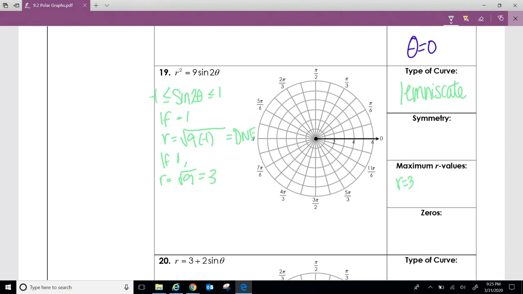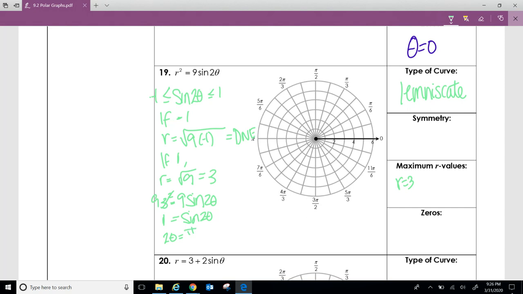And then when is that true? We've got 3 squared is equal to 9 sine 2 theta. Well, 3 squared is 9. If I divide both sides by 9, we get 1 is equal to sine 2 theta. All right, when is sine equal to 1?